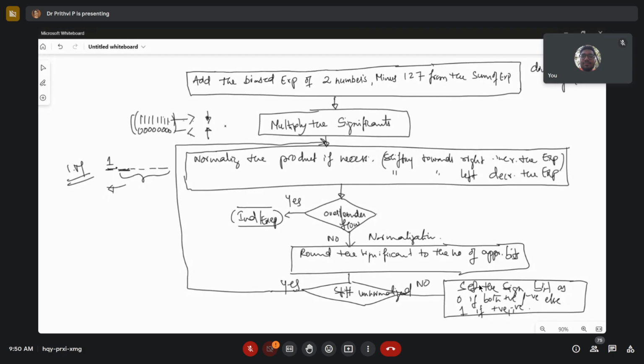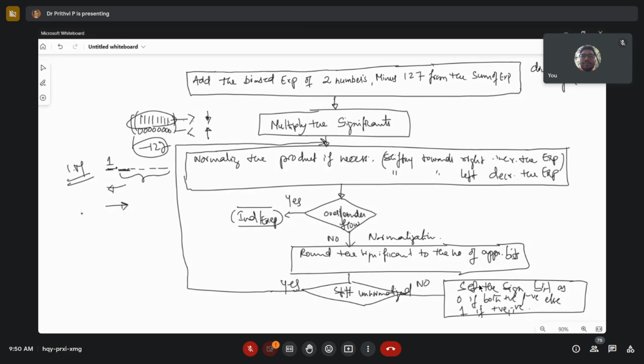That takes care of the overflow. If you have a value less than minus 127, then you have to increase the exponent, and for that you do the right shift. That means the exponent will be increased.